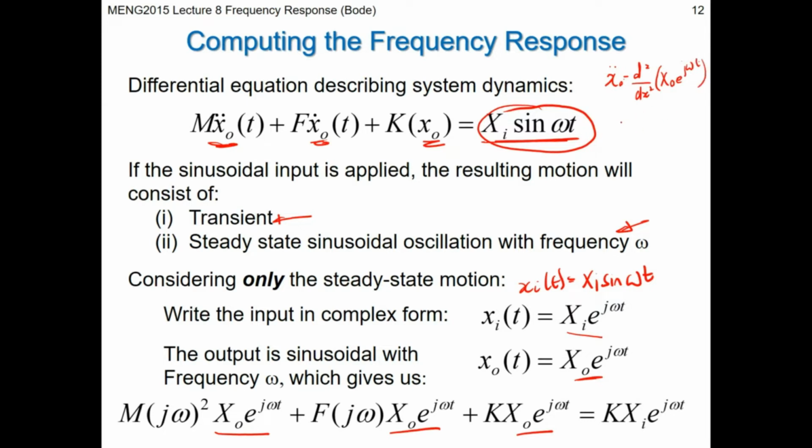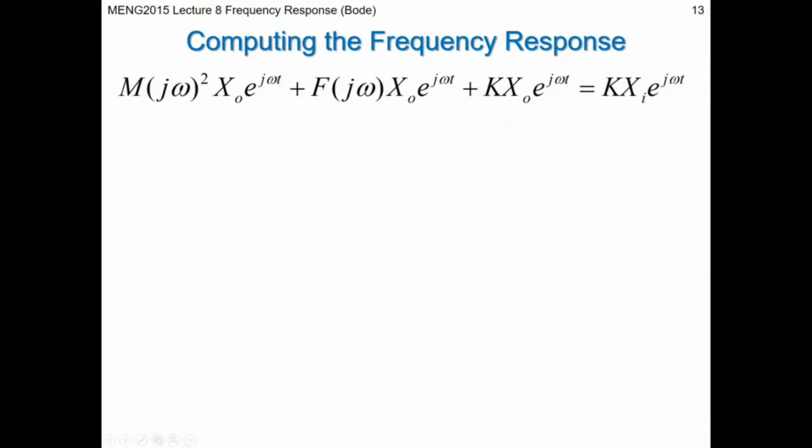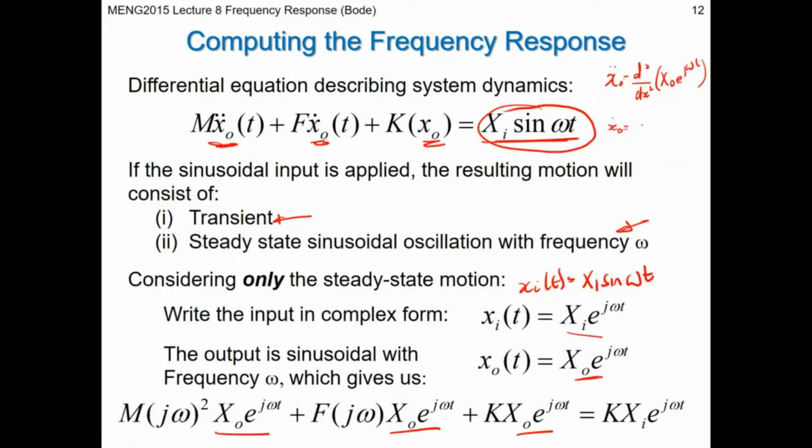And that second derivative, well, let me start by just doing a single dot derivative first. X out dot equals d by dt of x out e j omega t, and that is going to be j omega times x out e j omega t.